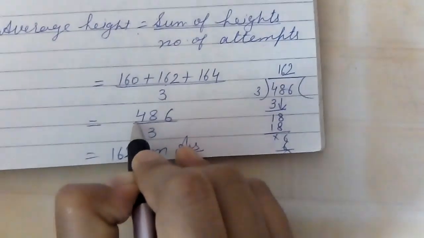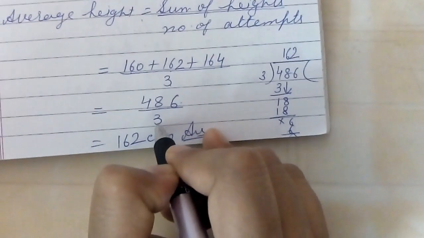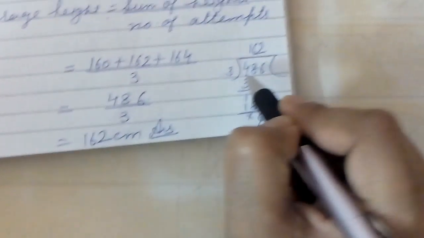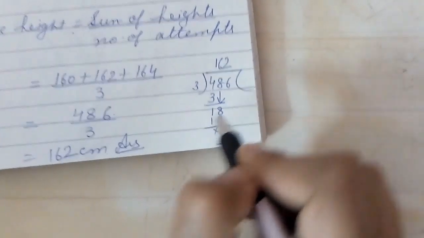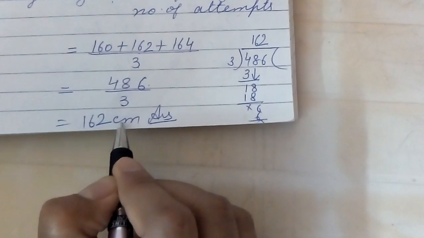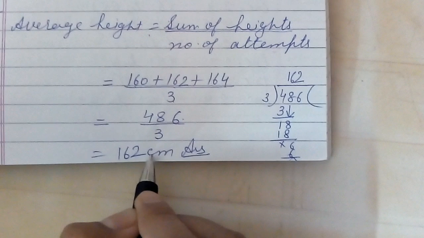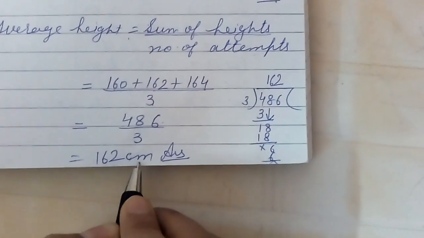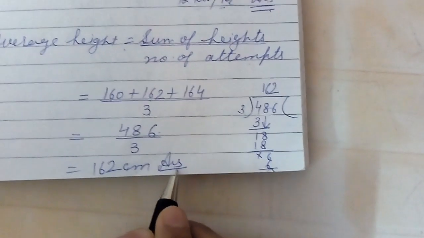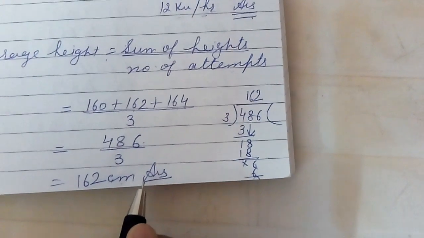That is equal to 486 divided by 3. So when you will divide 486 by 3, your answer will be 162. As the question was in terms of centimeter, so the average height is 162 centimeter. This is your answer.